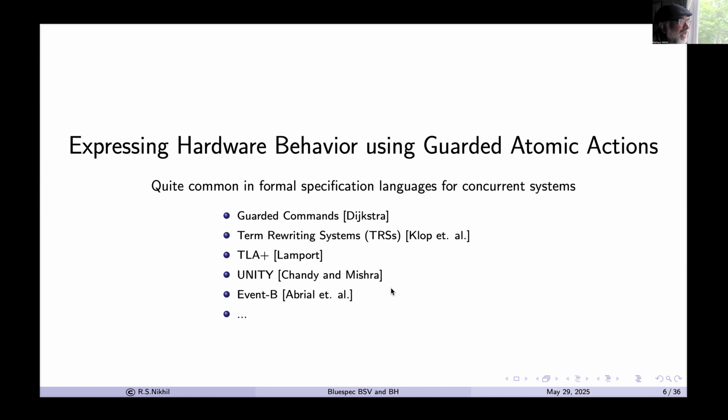Specific languages like TLA+ from Leslie Lamport, UNITY from Mani Chandy and Jayadev Misra, Event-B, etc. So we're not inventing a new idea. Most of these previous applications of guarded atomic actions have been in the software space for concurrent software, and the innovation in Bluespec is to apply it to hardware. But the basic semantic ideas are exactly the same.